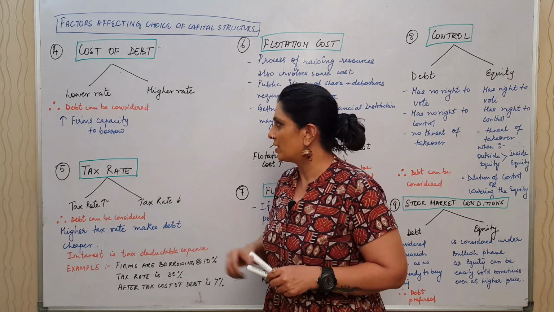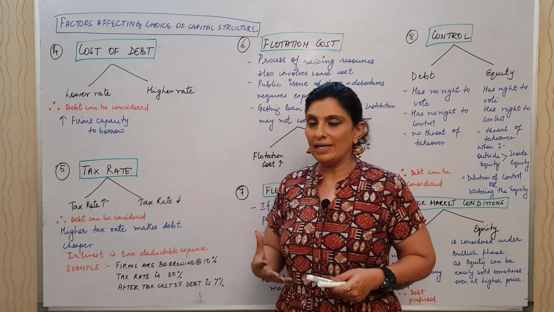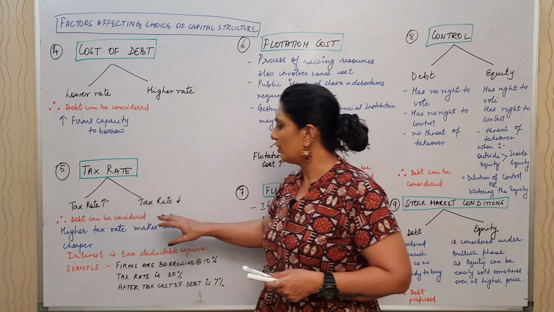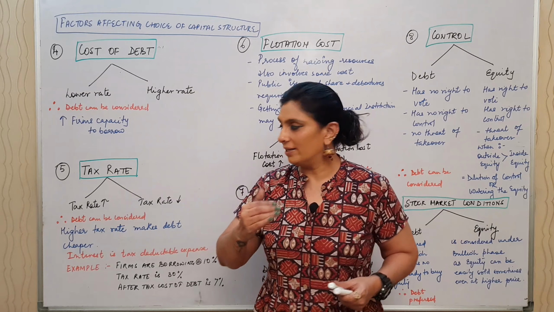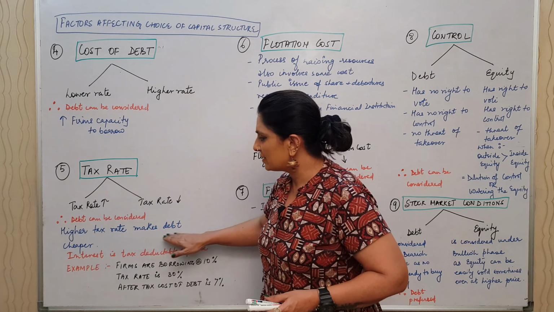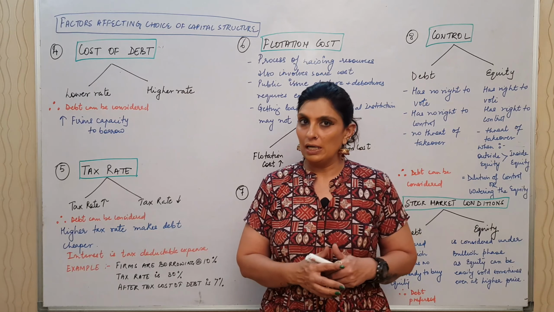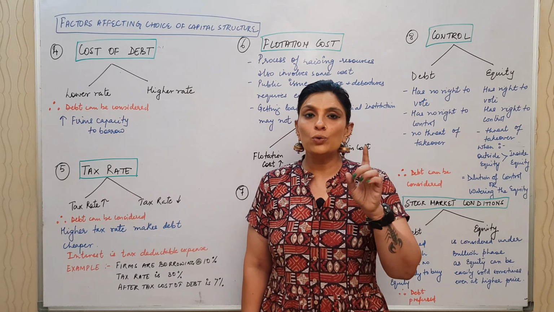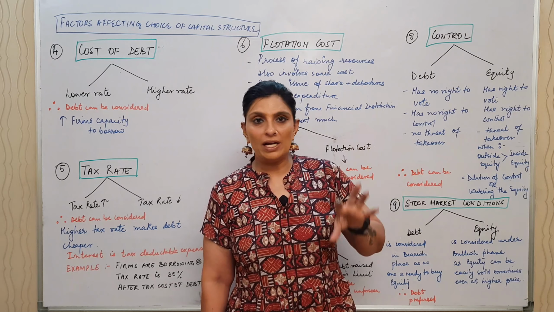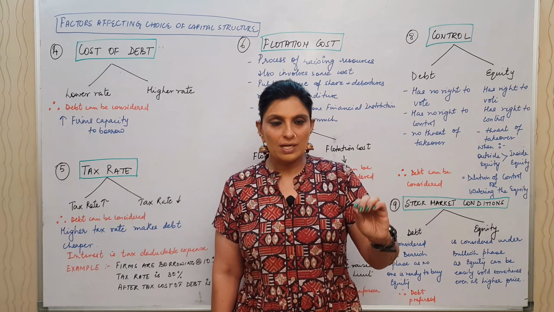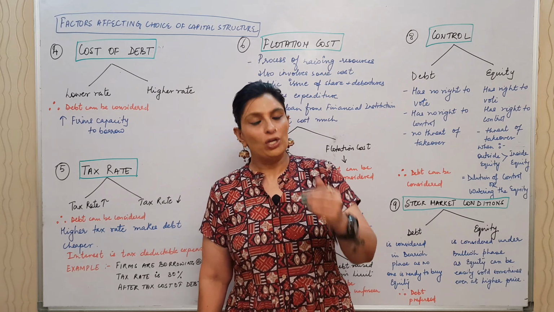Next is tax rate. When we talk about tax rate, we are talking about whether the tax rate is higher or lower. When the tax rate is higher, it makes debt cheaper. Why? We've already done favorable financial leverage. You have interest, and after deducting interest, whatever you get, you have tax.